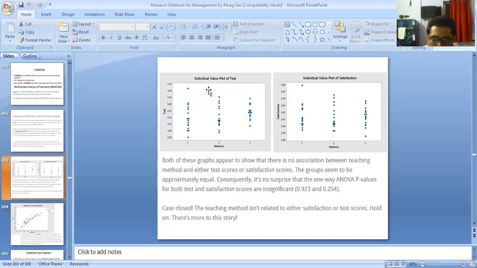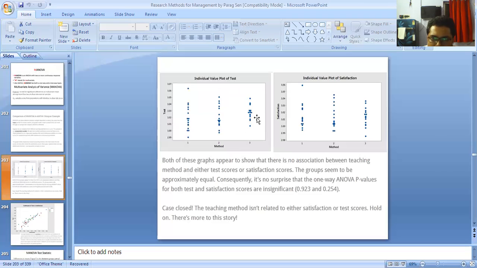You are not observing any kind of trend or good pattern in this data. It's not like, using teaching method 1 the test scores are low, using teaching method 2 the scores are moderate, and using teaching method 3 most of the scores are very high.